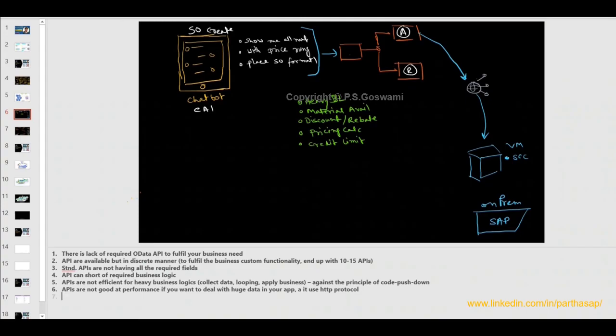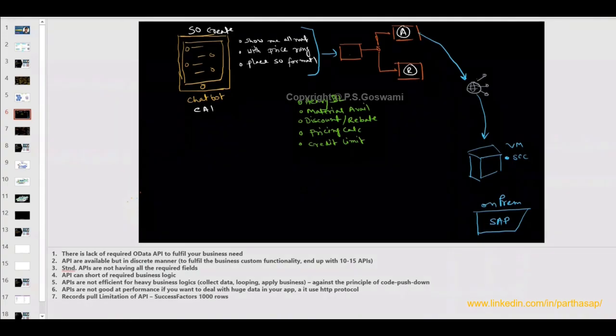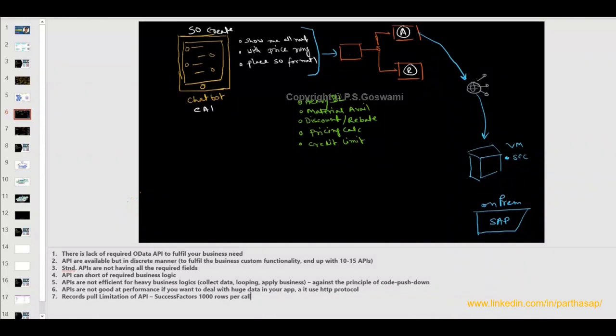And there is a big limitation: some APIs have record pull limitations. For example, SuccessFactors has a limit of 1,000 rows per call. So if you want to do business operations on top of SuccessFactors data, you have to make multiple calls to get all the required data because of this restriction.